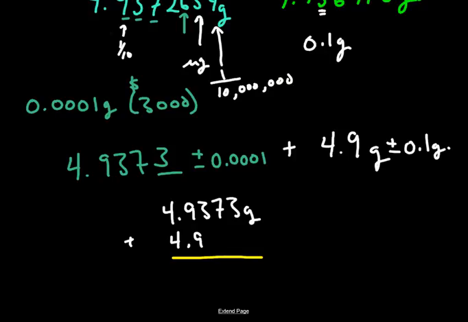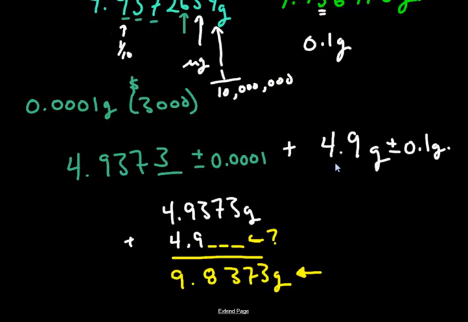What your calculator is going to tell you is 9.8373 grams. Is this correct? Why? I don't know what these are. I have no idea what they are. And yet I'm reporting as if I do know what they are.